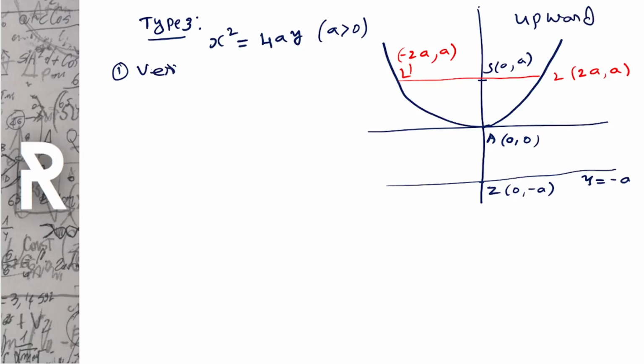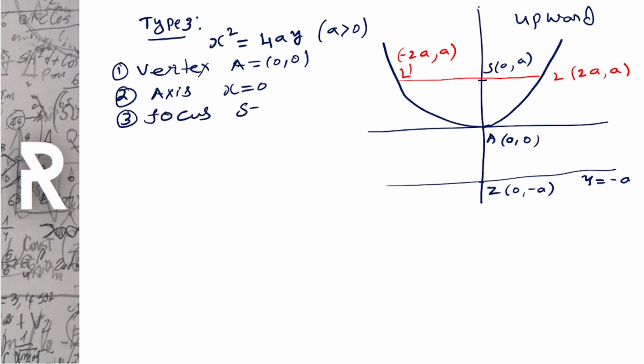Vertex coordinates (0, 0). Axis equation: x equal to 0, sorry, the y-axis. Focus coordinates (0, a).